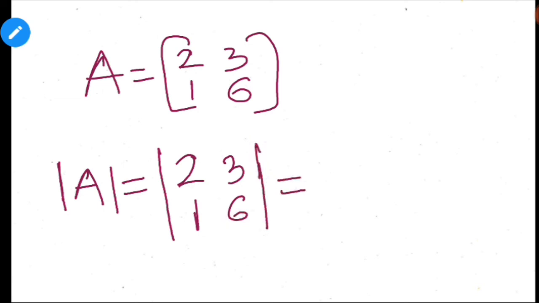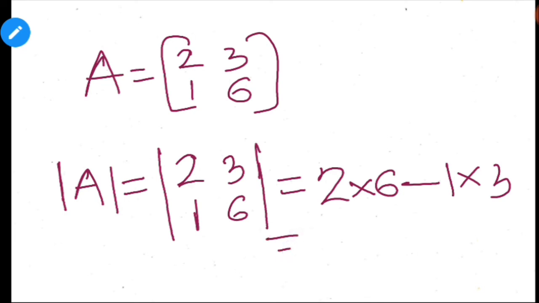Then how to find the determinant? Just multiply crossly and then subtract. First 2 into 6 minus 1 into 3.